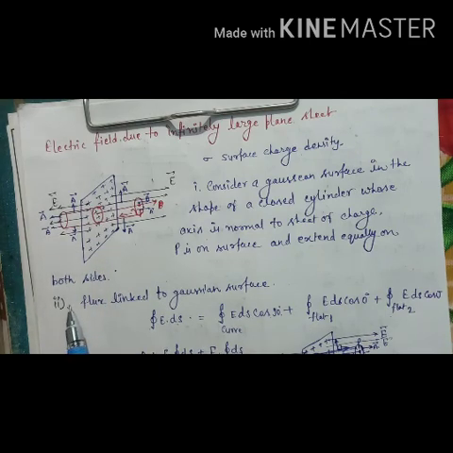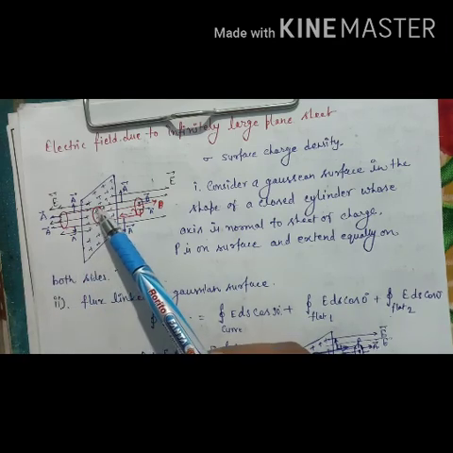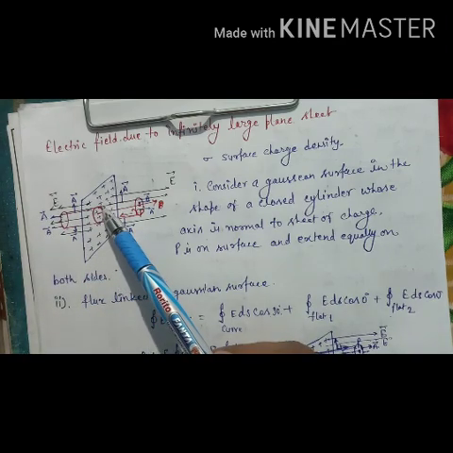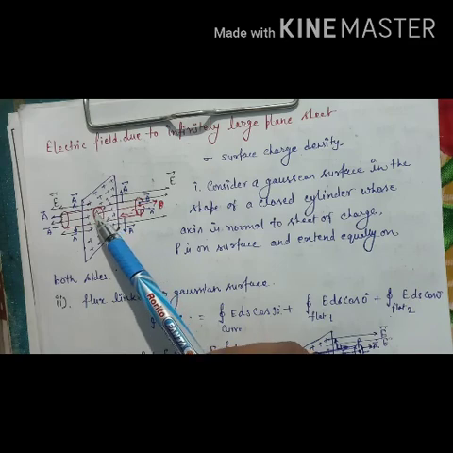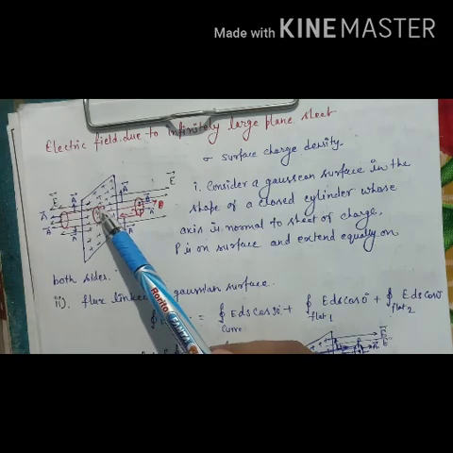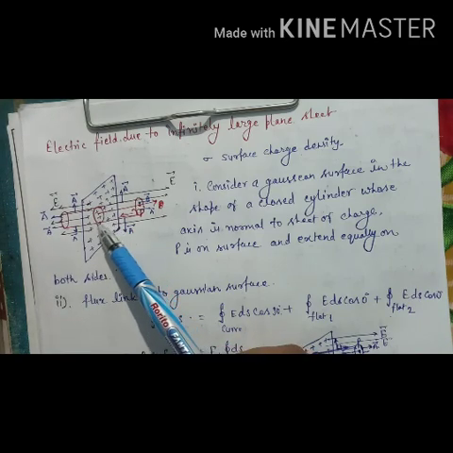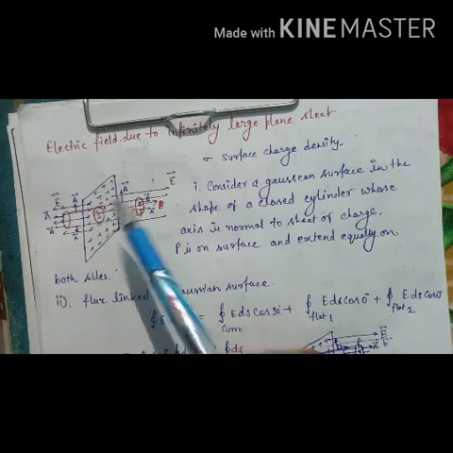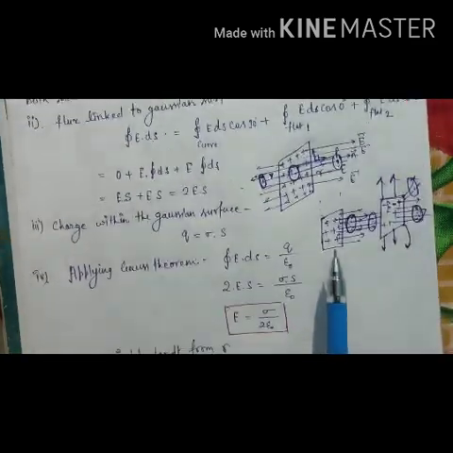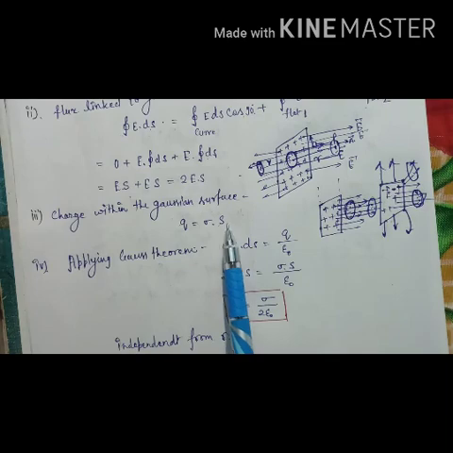So we already take sigma. Sigma is the surface charge density, that means charge per unit area, and this area we take S. So the total charge inside this Gaussian surface is q equal to sigma into S.